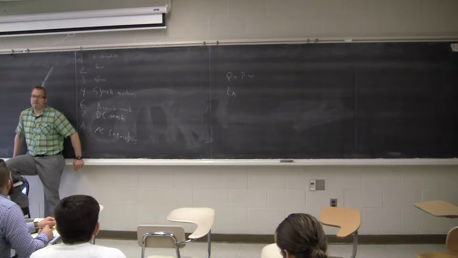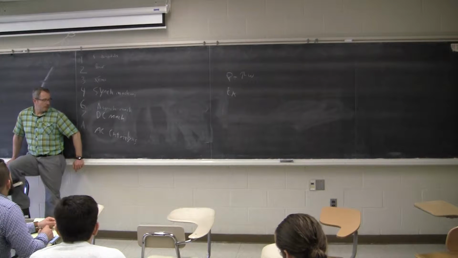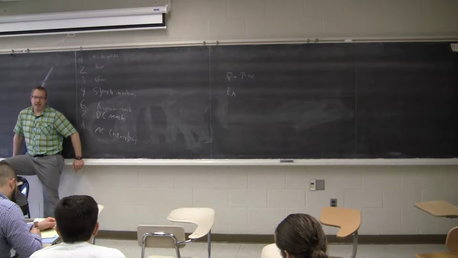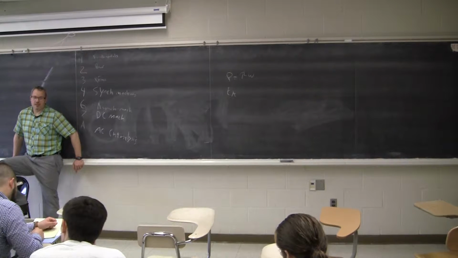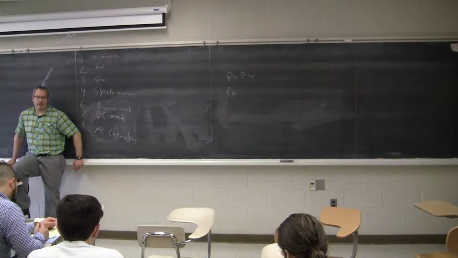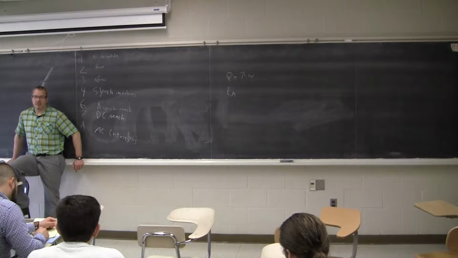So we did a ton of AC circuit analysis. We also introduced the concept of a phasor diagram and an impedance diagram. Impedances should not show up on phasors. Phasors should not show up on impedances. Why? Because an impedance diagram is fixed.